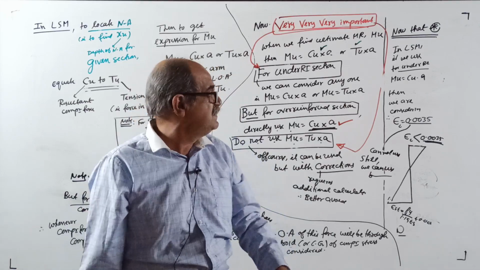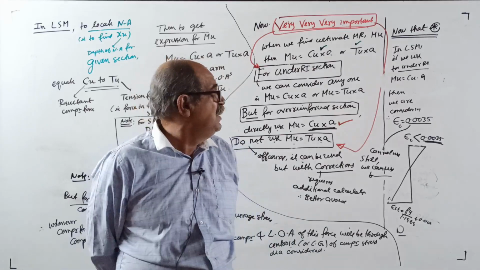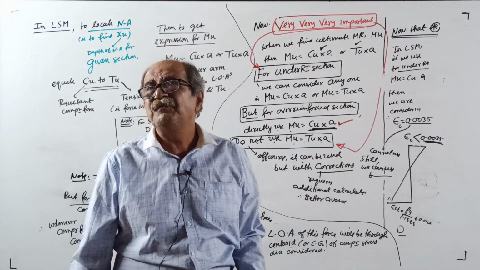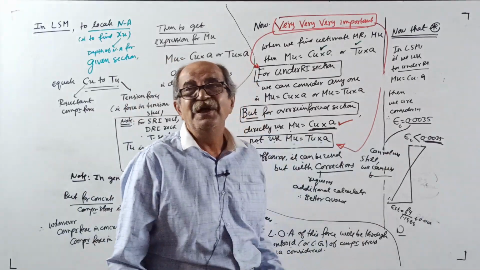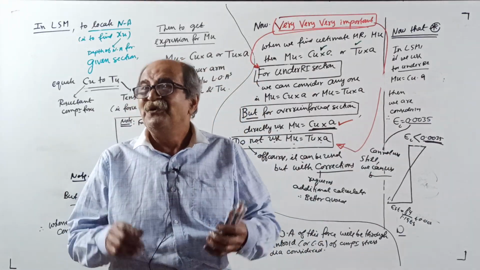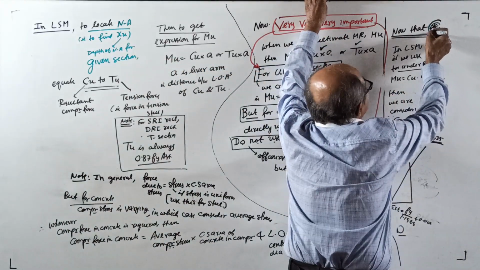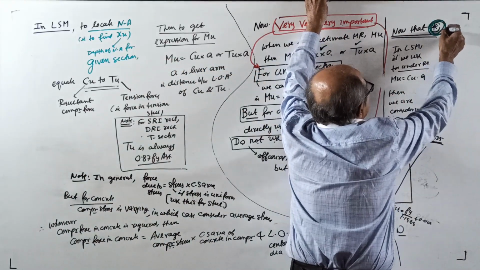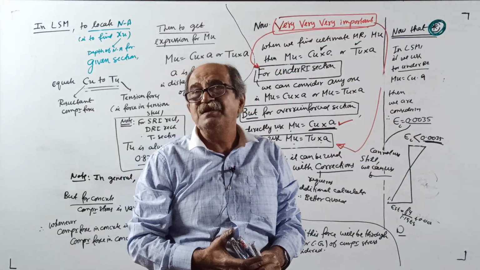When the steel strain reaches that value, strain in concrete will be less than 0.0035. It will not reach 0.0035, so we cannot use it. Even if you cannot use it, we can use it. That is the enjoyment of it. That's why it is the most powerful limit state method.